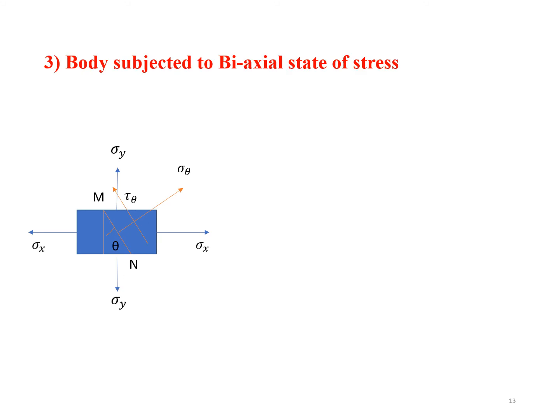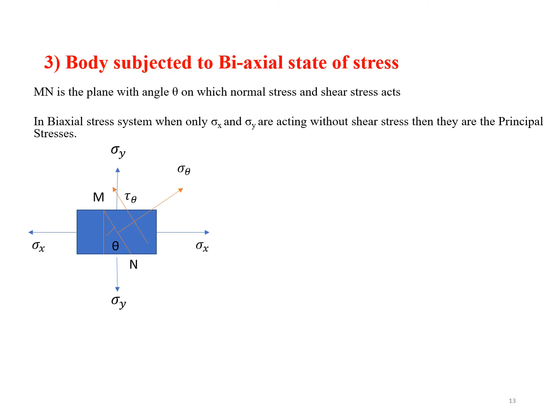Coming to the third case, a body subjected to biaxial state of stress, where Mn is the plane at an angle theta on which normal stress and shear stress act. Biaxial stress is stress in two directions, sigma x and sigma y. If no shear stresses are acting, then we call this stress system principal stresses, sigma x and sigma y.